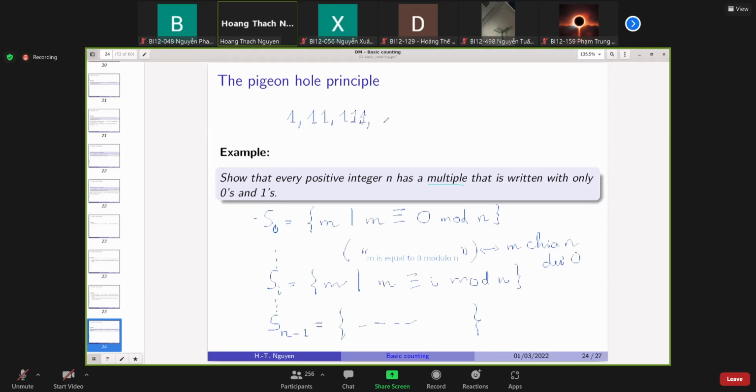The integers written with only the digit 1.